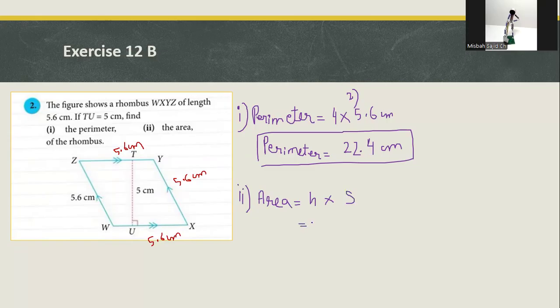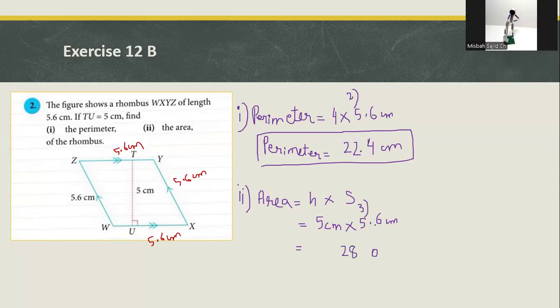Height is 5 centimeter, multiplied by the side, which is 5.6 centimeter. So 5 6s are 30, 3 carry, 5 5s are 25, 26, 27, 28.